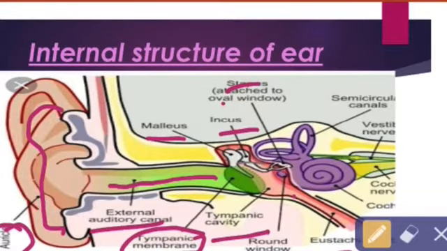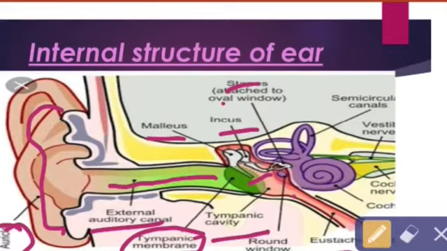Afterwards, these three bones are collectively called ear ossicles. Ear ossicles means little bones, and the handle of the hammer bone is attached to the inner surface of the eardrum. You can see the malleus, one part is attached with the eardrum here, and the other part is attached with the second bone, which is connected to the anvil, which in turn is joined to the stirrup.